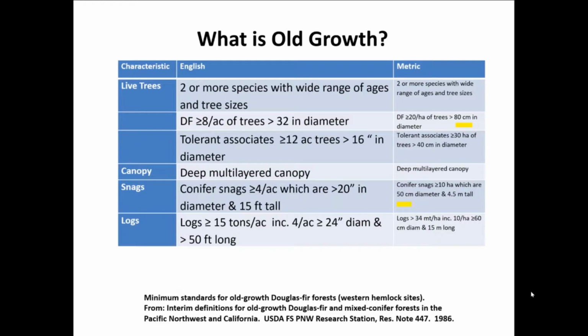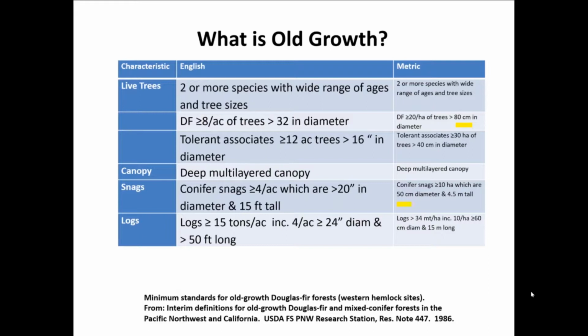So we talked about trying to develop late successional or old growth conditions or features. And what are we talking about? With live trees, we want to develop larger trees, those that are greater than 32 inches in diameter. With Douglas fir, on that particular type of site, we're talking about more than 8 per acre greater than 32 inches in diameter.